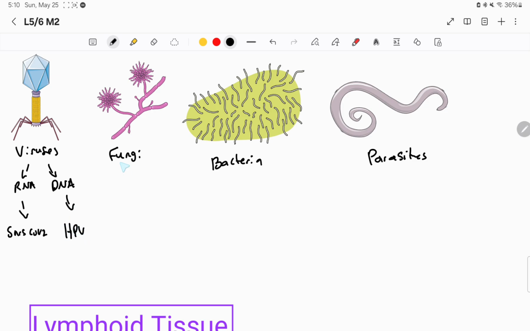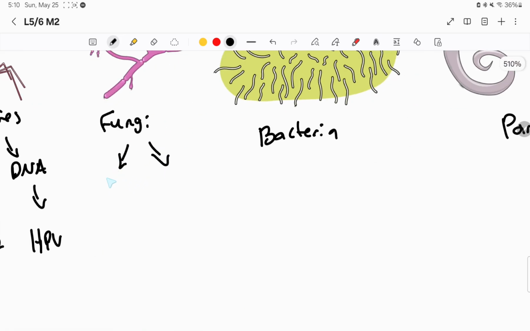Fungi, you can find in two different categories. One is Aspergillus, and the other one is Candida. And again, this comes from yeast. Aspergillus, you can find growing on multiple different things. You might find Aspergillus flavus, for example, growing on corn.